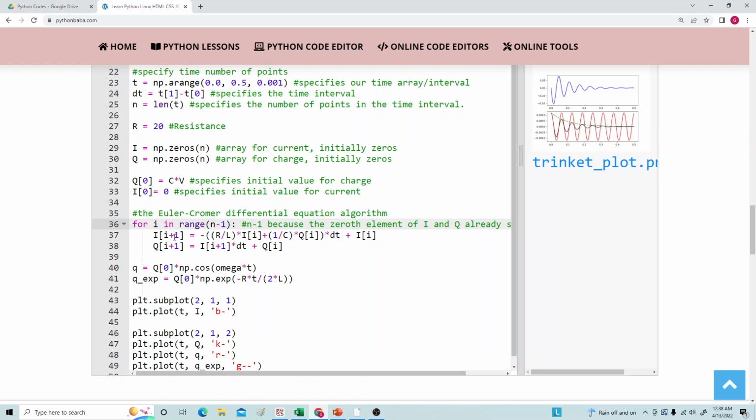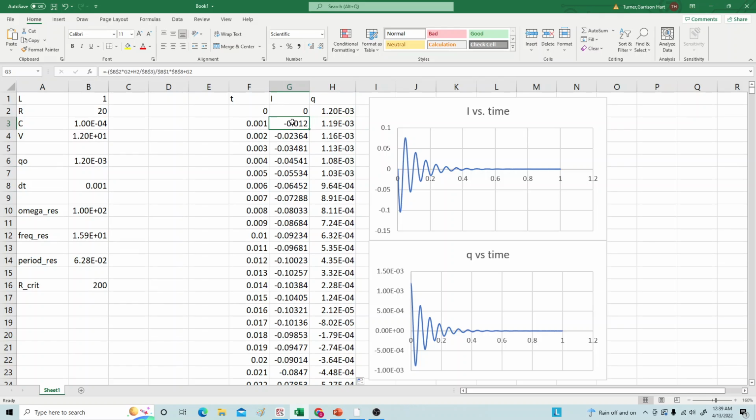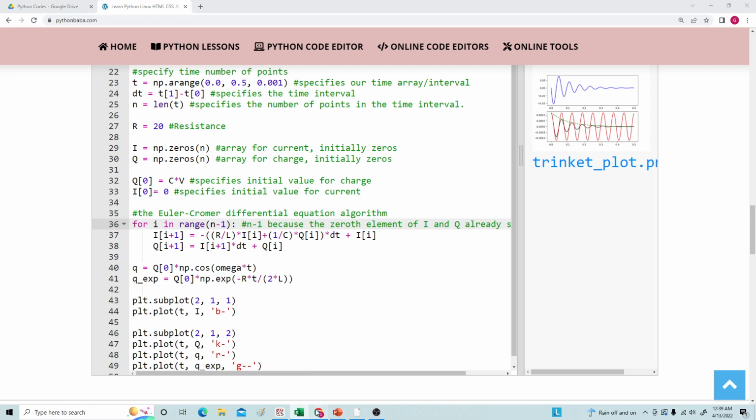So I'm going to calculate elements 1 through 500, because I starts at 0, plus 1 is 1. The first calculation updates the I equals 1 element in both arrays, and it's going to do that 500 times.